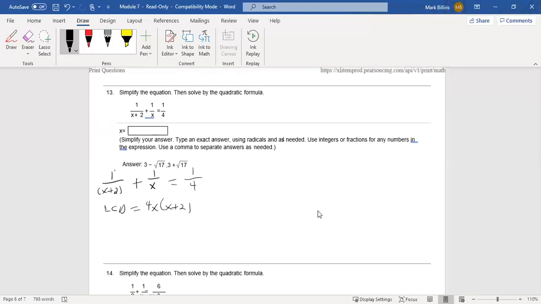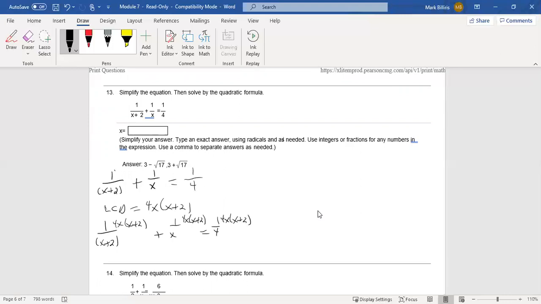So this would be 1 over x plus 2 times 4x times x plus 2, plus 1 over x times 4x times x plus 2, equals 1 over 4 times 4x times the quantity x plus 2.